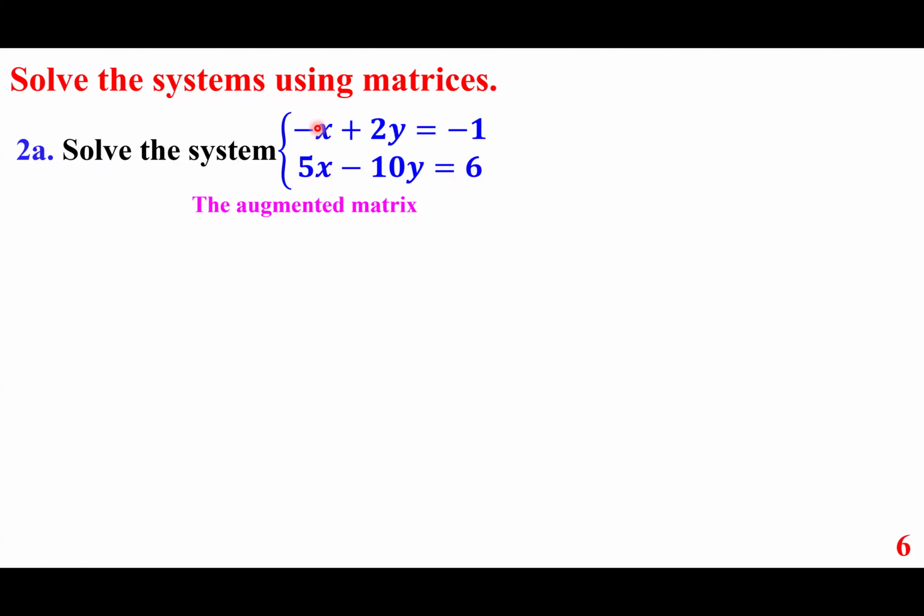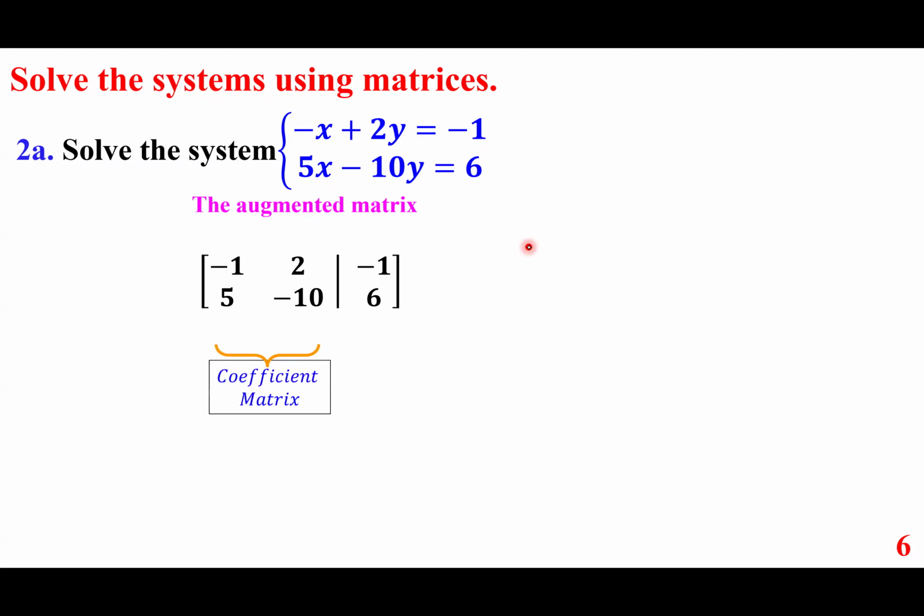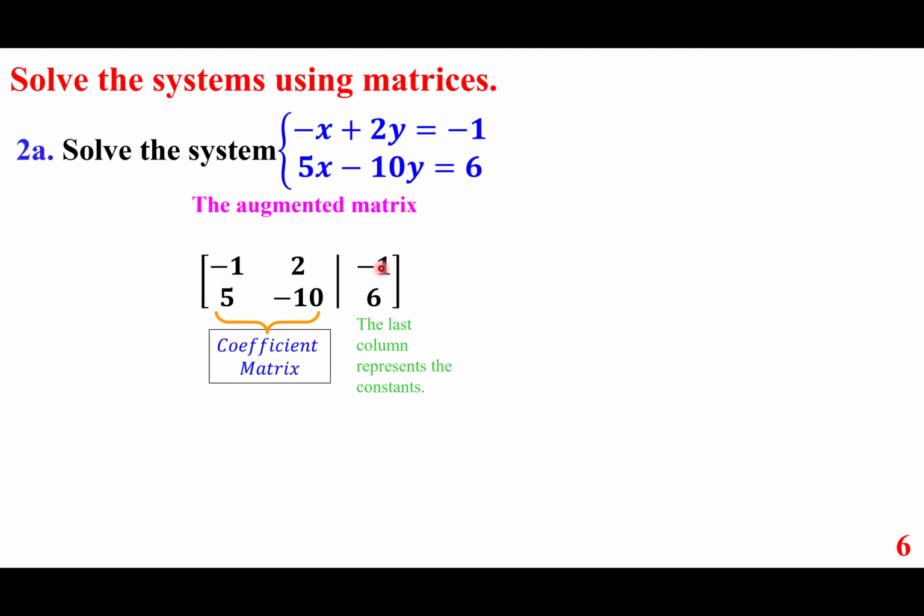Just make sure that all the x's, since you may have more than 2 equations, are lined up, so -1 and 5 in the first column. All the y's are lined up, 2 and -10, and the constants, and you write it as such. So what do you see here? This is called the coefficient matrix, if you write just this part. The last column is called the constant matrix or the solution matrix.